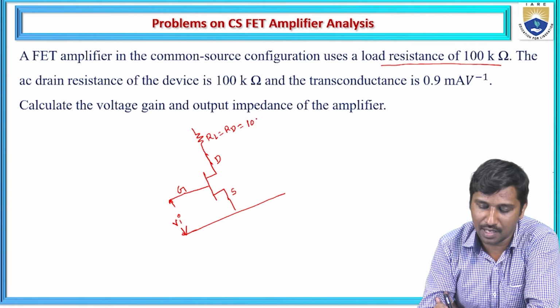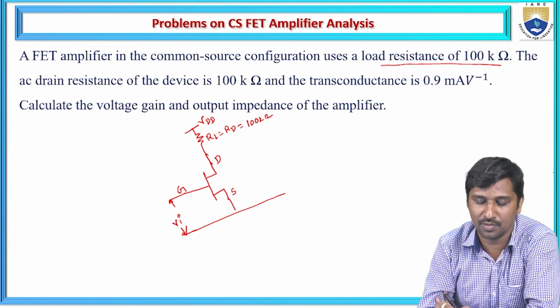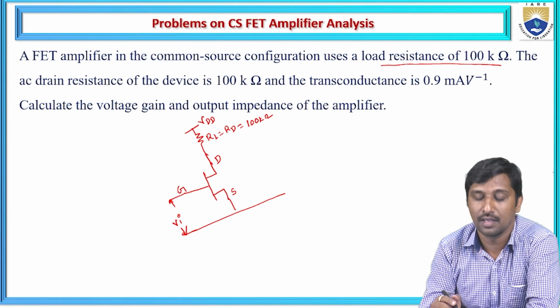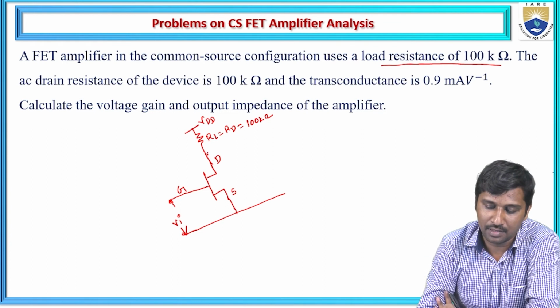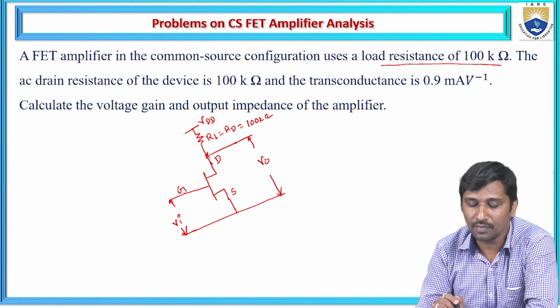Given that this RL is equal to 100 kilo ohms, it is biased with a biasing voltage, that is VDD. Then the output is measured across the drain with respect to the source. Hence, this is the V0.